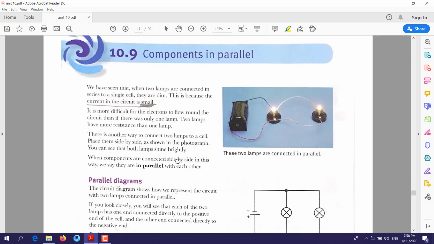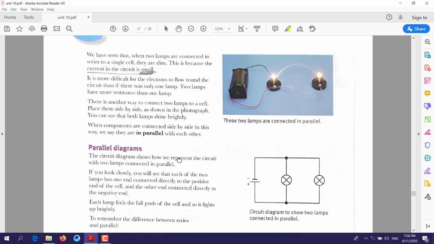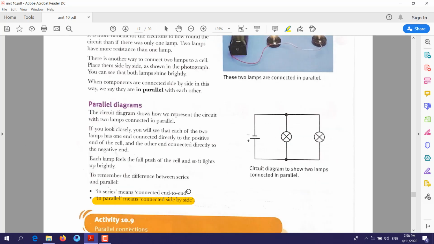This parallel electric circuit solves the problem that adding more bulbs makes them dimmer. In a parallel circuit, as much as you add more bulbs, their brightness will be the same. But one more thing will happen, which is that the electric current here will be bigger.